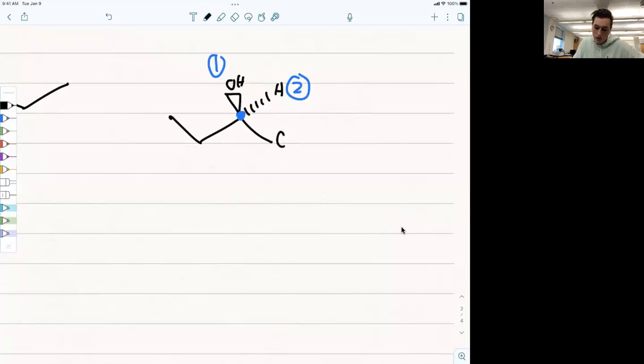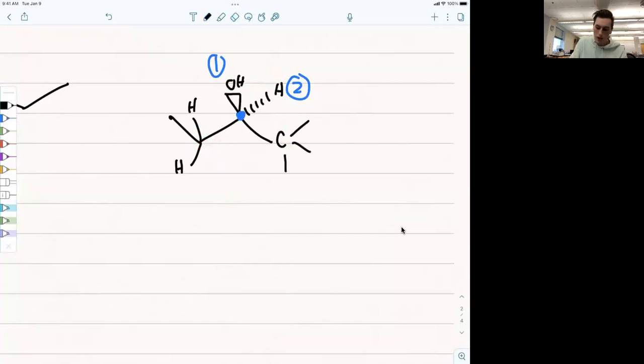This is CH3. But I also have another carbon on this side that is CH2. But our question is whether this carbon over here and this carbon over here are different or the same group.